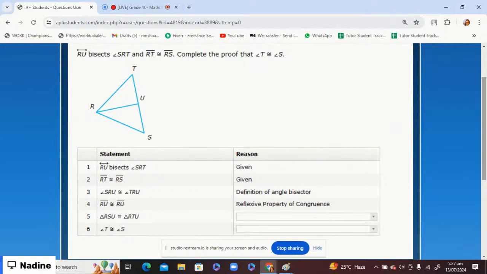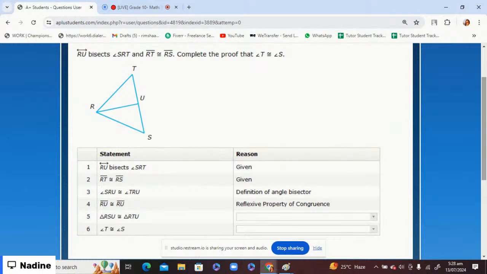The second thing given is RT congruent to RS. So what is the definition of an angle bisector? The angle SRU is the same as the angle TRU. Then they are saying that the line RU is congruent to line RU, which is also already given.